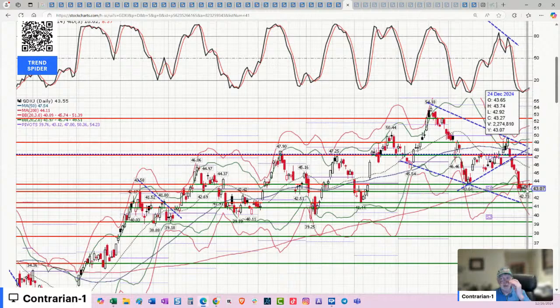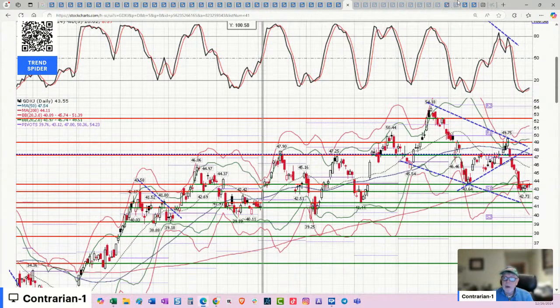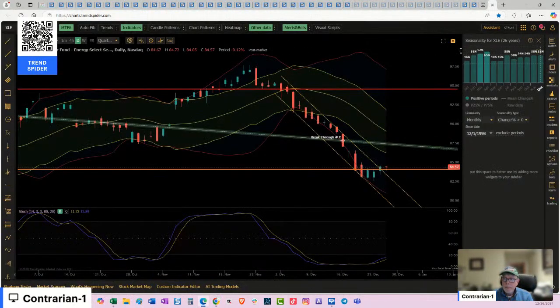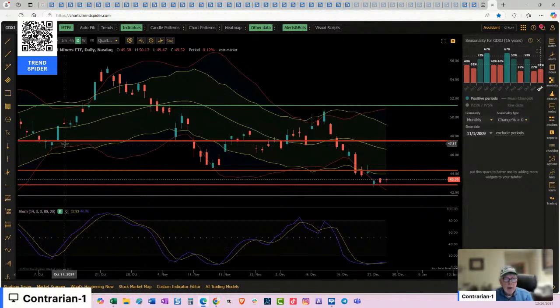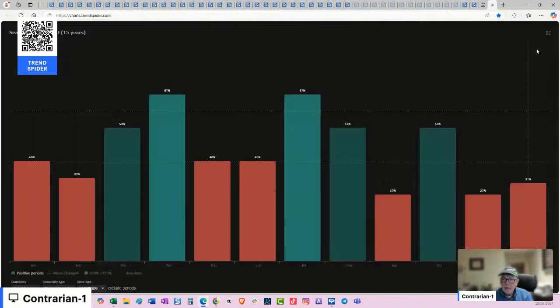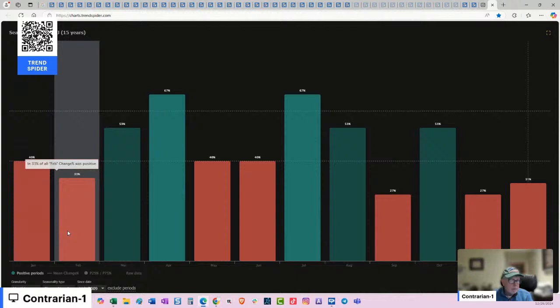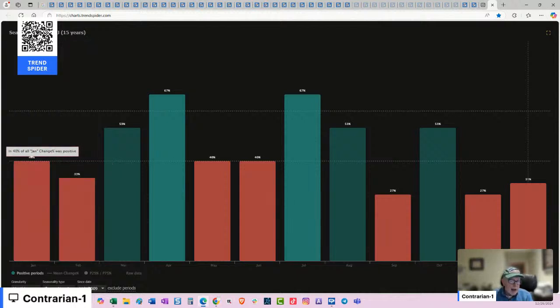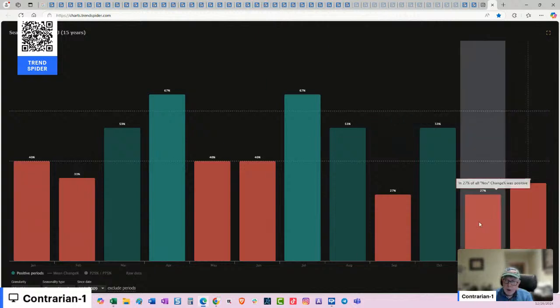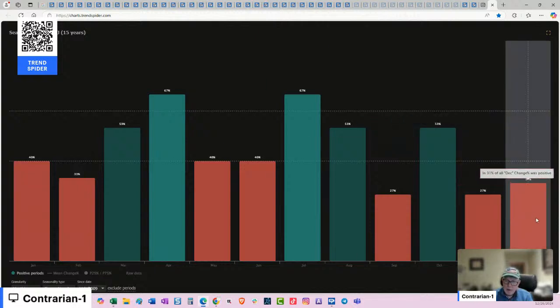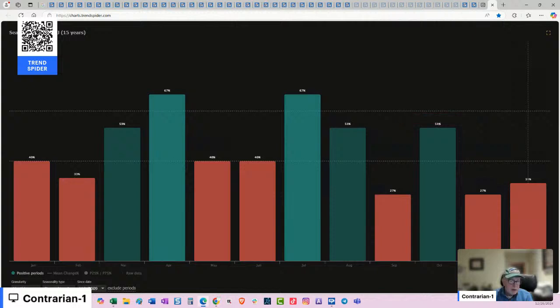The reason is that when you take a look at seasonality, on a monthly time frame it does not look great here. But when you drill down, you take a look at this: November horrific, December horrific, going back 15 years.